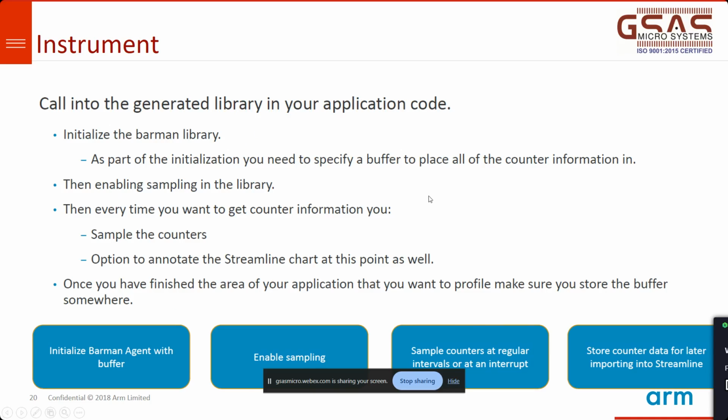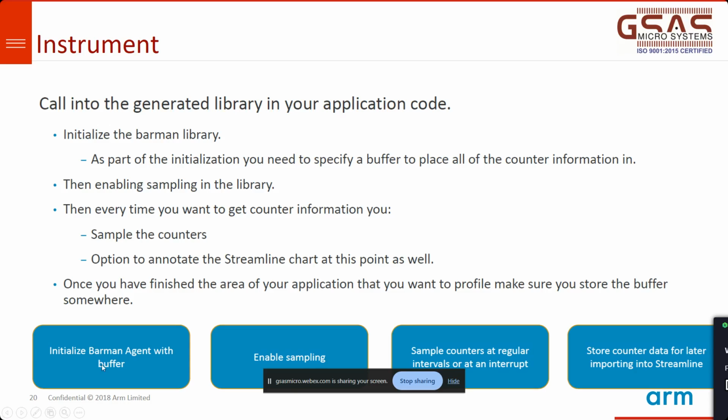All the counter related information will be stored in RAM memory, and we can enable the sampling of that, which the processor will sample and store in its CPU counters, and the Streamline agent will collect that information and show it to you.